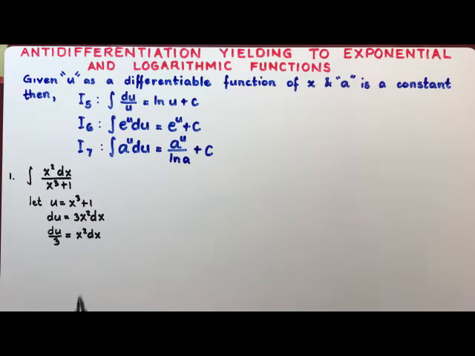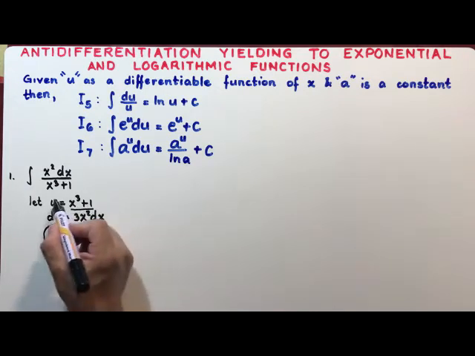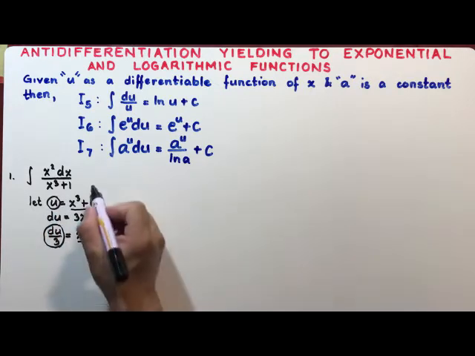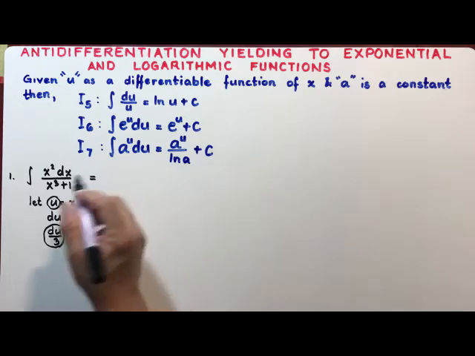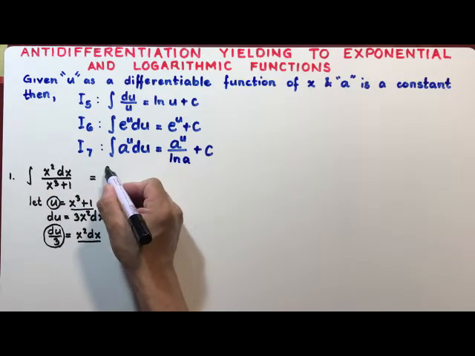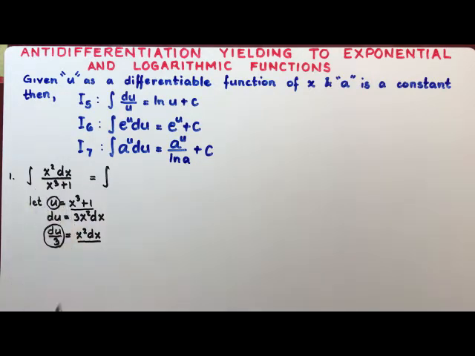So here I know that the value of x squared dx is du over 3, and the value of my x cubed plus 1 is my u. Now by substitution, I can rewrite the original integrand like the integral of the numerator, which is x squared dx.